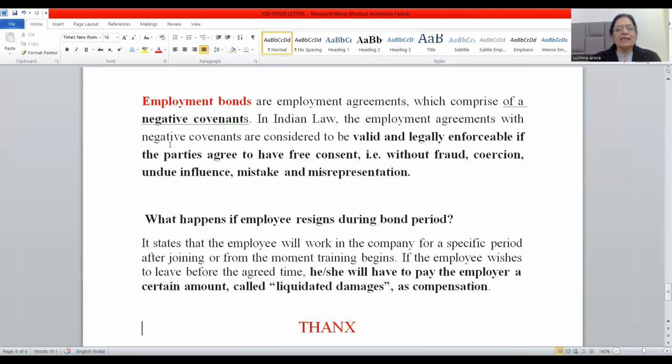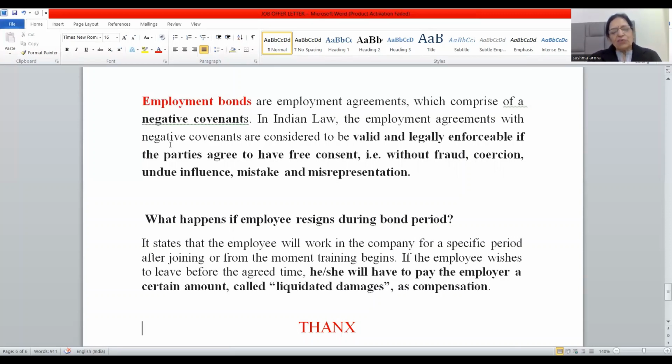It states that the employee will work in the company for a specific period, maybe for 2 years or 3 years, whatever is the bond period, after joining or from the moment training begins. If the employee wishes to leave before the agreed time, say he filled the bond for a period of 2 years, but he wants to leave after 1.5 years or after 1 year, he or she will have to pay to the employer a certain amount, which is known as liquidated damages, as compensation.